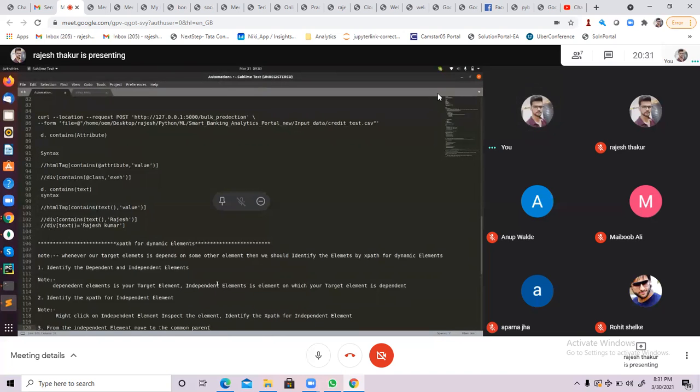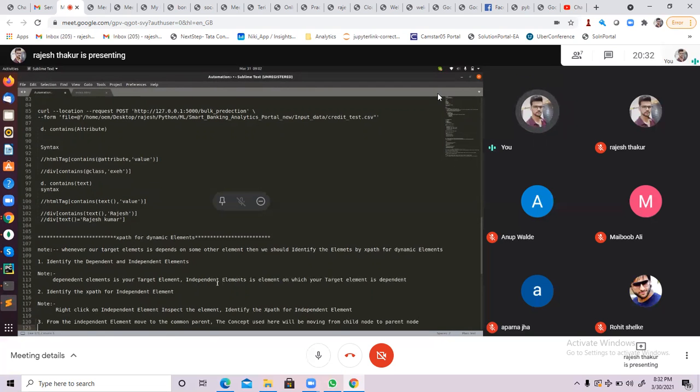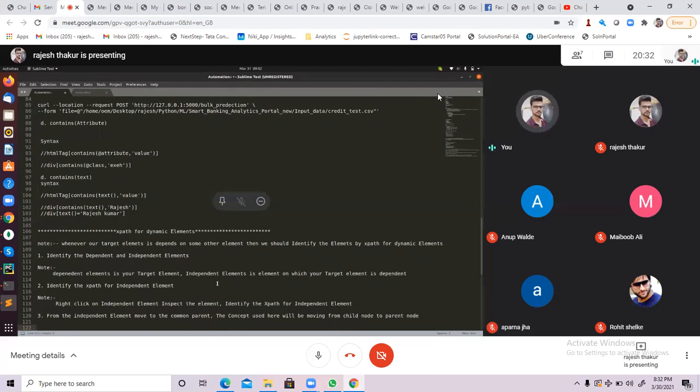The concept used here will be child to parent, moving from child node to parent node. So that's all. This is the syntax to identify the element with the help of the dynamic XPath way.